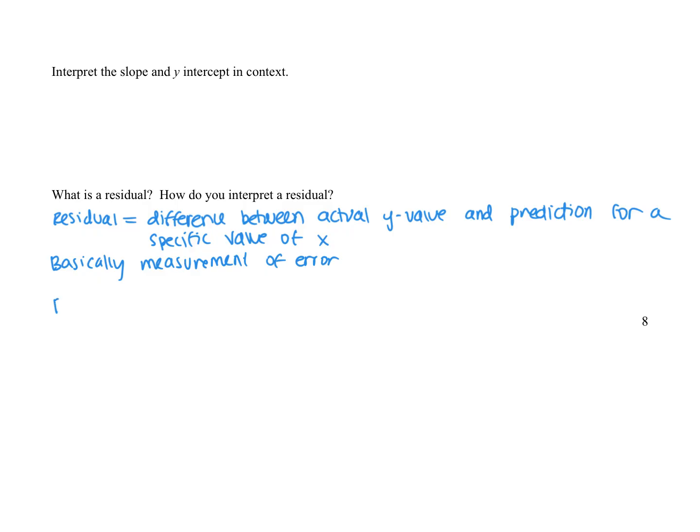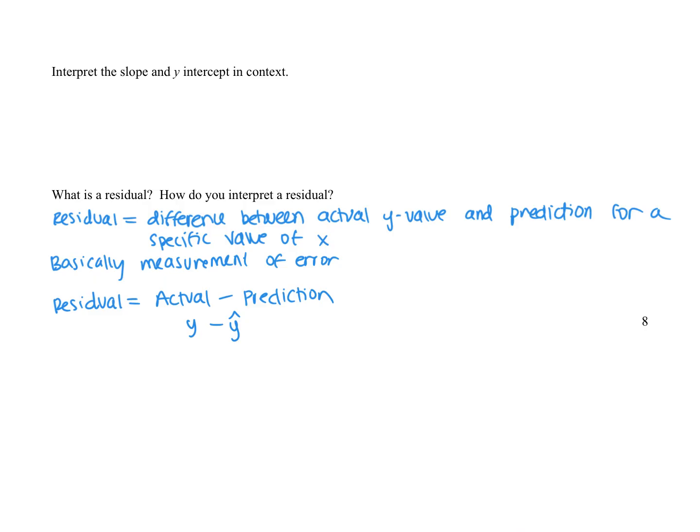The way to calculate a residual, it is the actual value subtract the prediction. Symbolically, that is y subtract y hat. Okay, way to remember this.